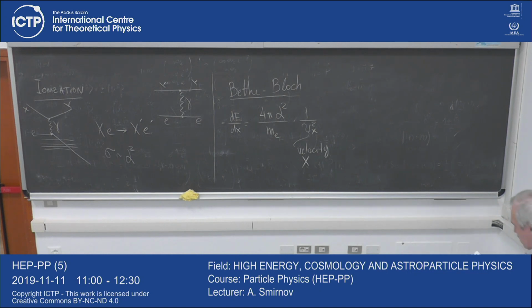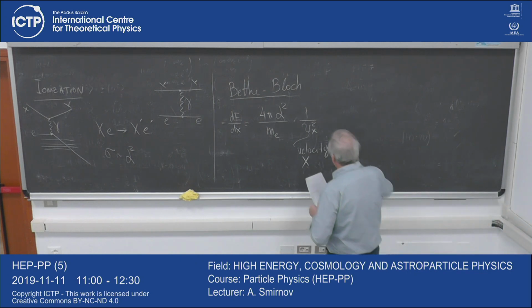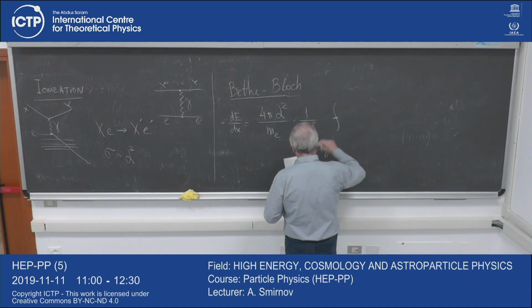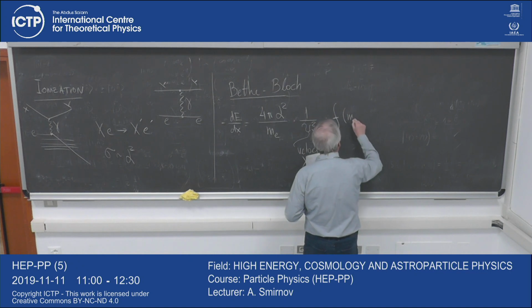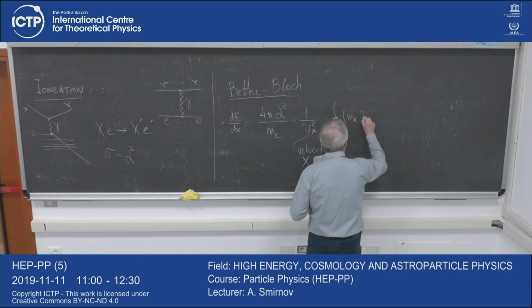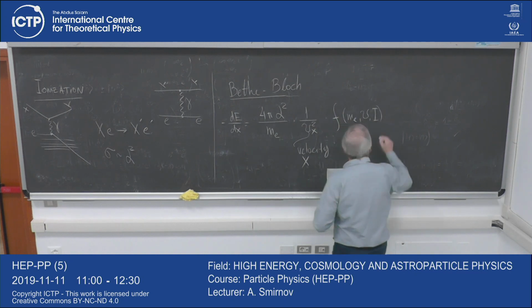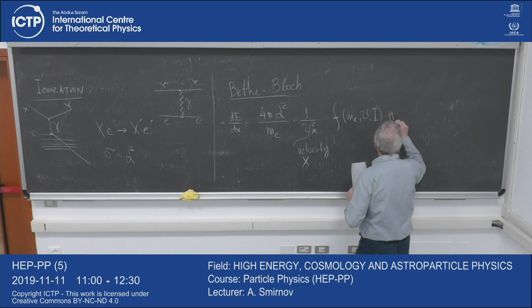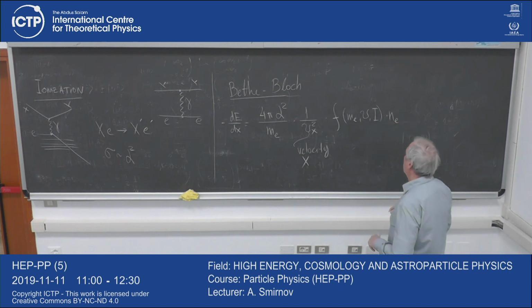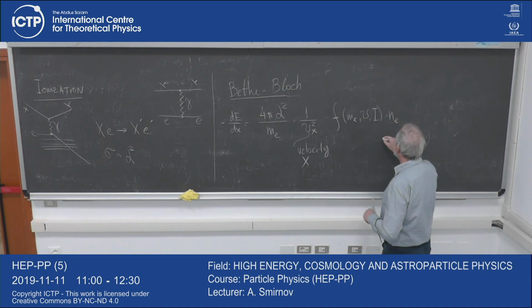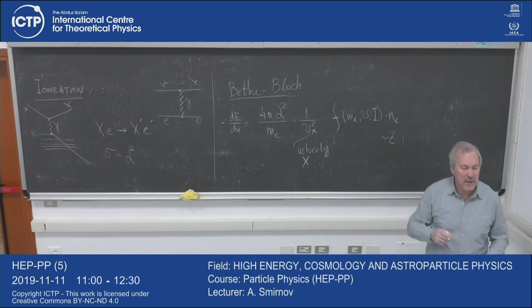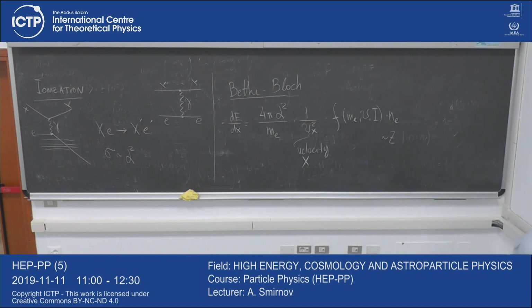Then there is a relativistic factor, which is a function of the mass of the electron, again the velocity of the particle, and the ionization potential. And then we need to multiply by the number of electrons, which is proportional to Z. So if you want to express this in terms of the electric charge of the nuclei, it is Z which appears in such a formula.